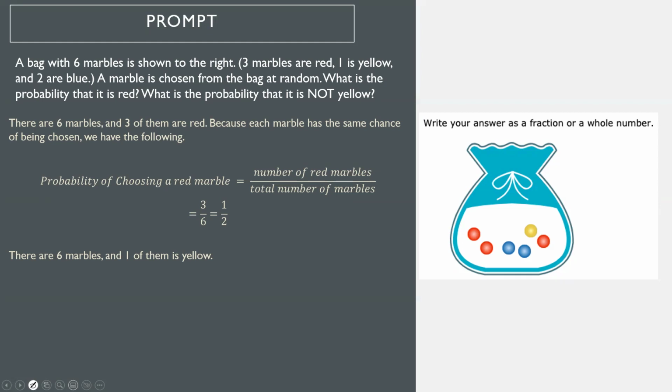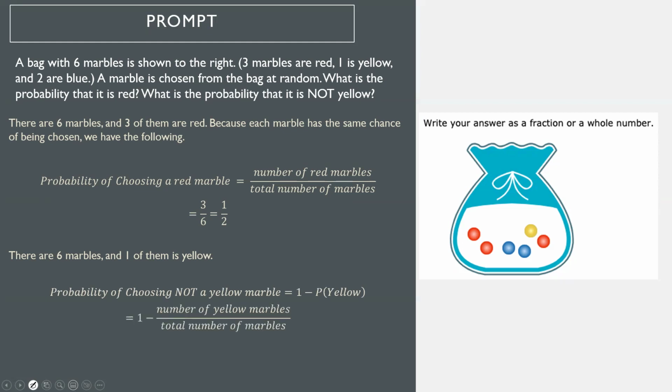So the probability of not choosing a yellow marble is 1 minus the probability of choosing a yellow marble. So I do 1 minus the number of yellow marbles over the total number of marbles, which is 1 minus 1/6 is equal to 5/6. And again, this is using theoretical probability.